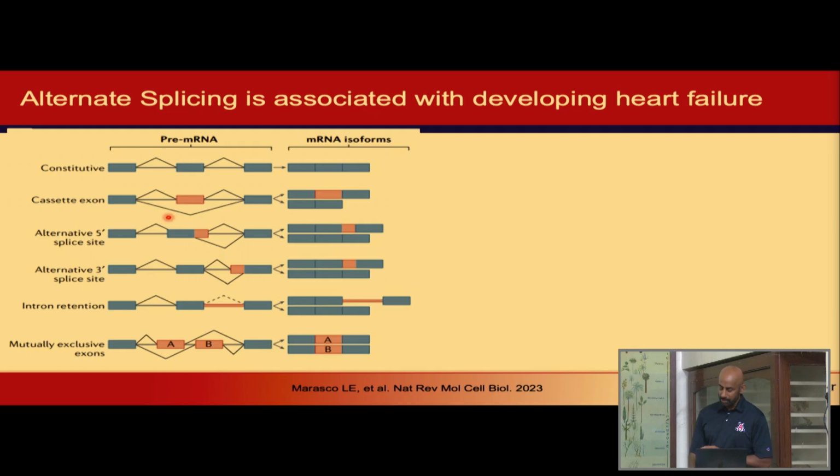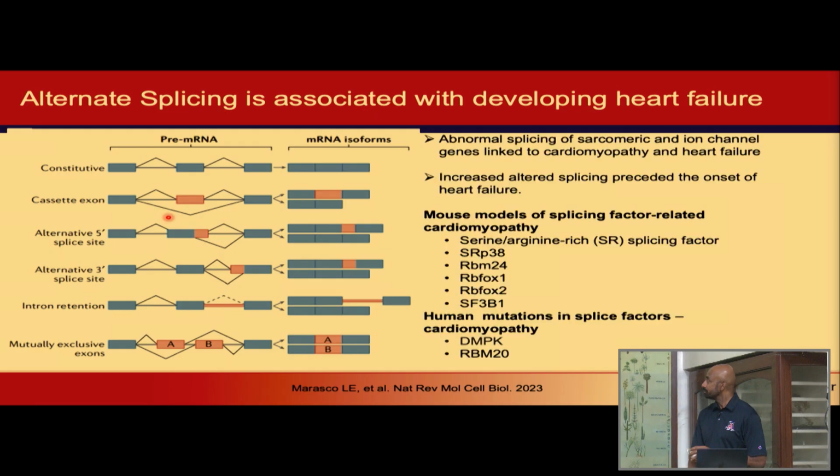These are the various types of altered splicing. We also know from the literature that mouse models with altered RNA binding proteins can develop heart failure.